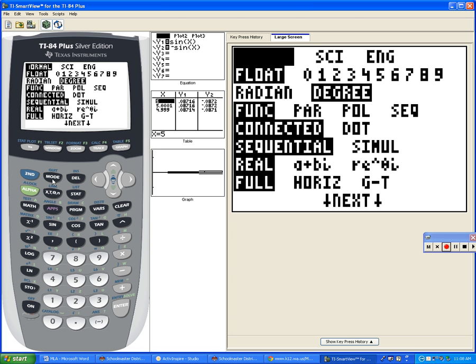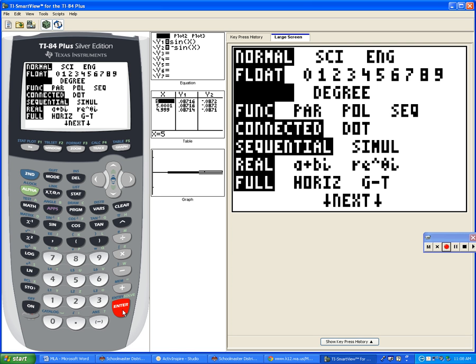You hit the mode button, go down until radians is highlighted, and hit enter. Any time you are graphing sine, cosine, or tangent functions, you must be in radian mode. Anytime.